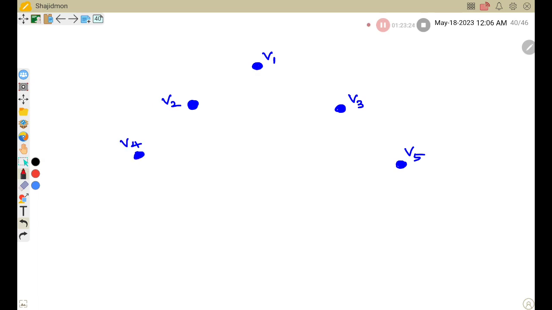Now we are drawing the tree here. V1, V2, full binary tree. Full binary tree means each vertex should have 2 children. So this one has 2 children, finished. Now this one, 2 children, finished. Now this one also needs 2 children, finished here.